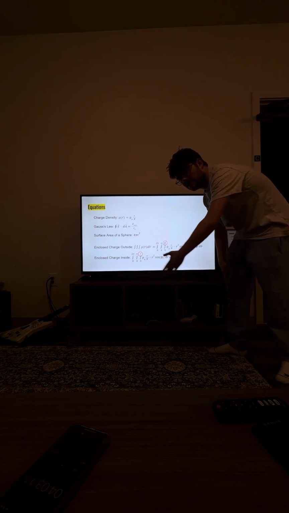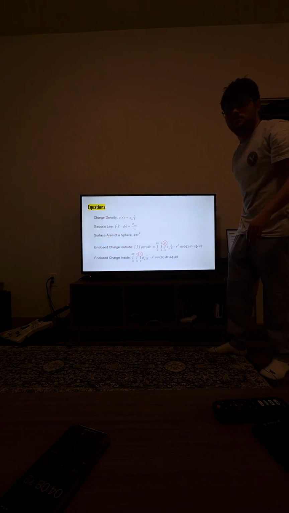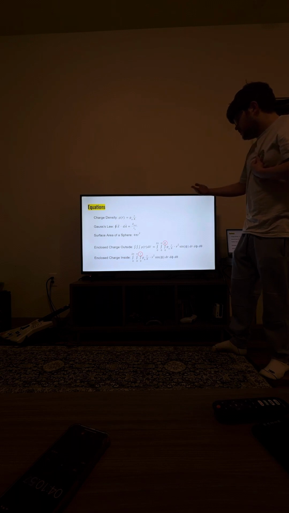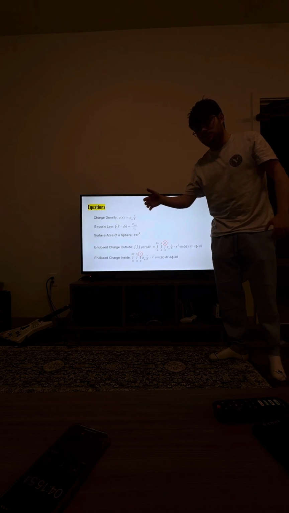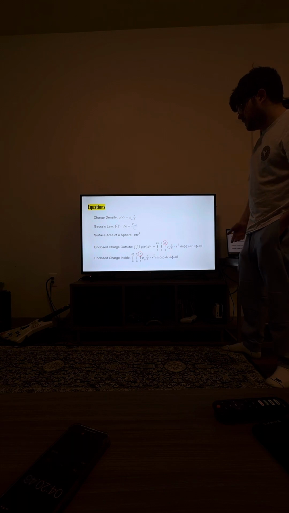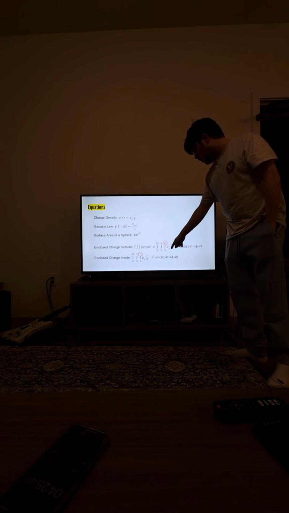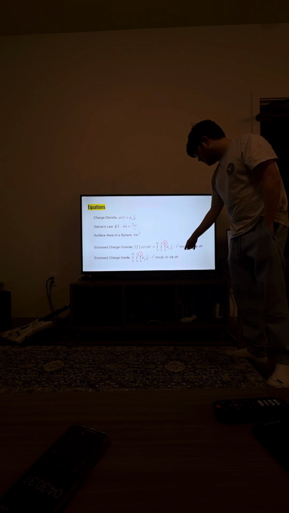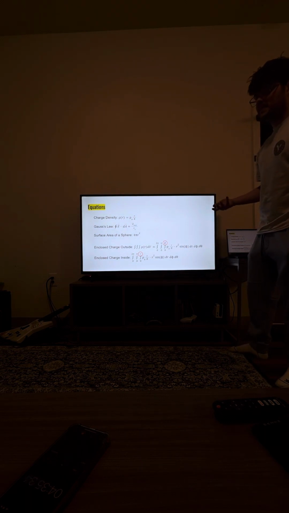Now, 0 to pi vertically tells us that from 0 all the way down to pi, we're going to have a circle vertically. And then 0 to, in this case, big R, tells us that we're going from 0 to the maximum radius, which is the radius of our sphere. And so, of course, we can do rho naught times little r over big R times r squared sine of phi dr d phi d theta. This whole bit comes from the fact that it has to be a spherical coordinate integral.